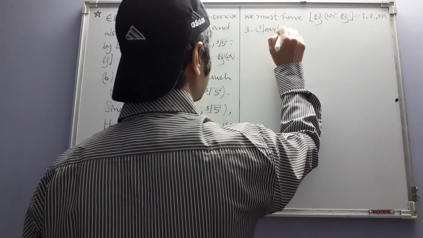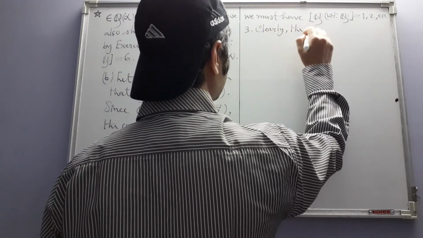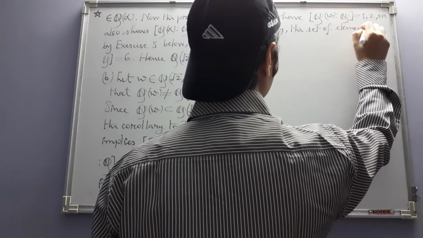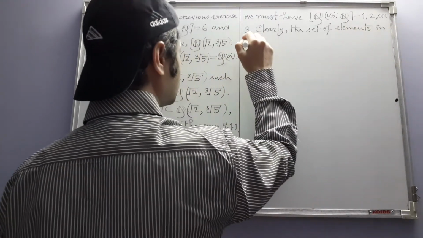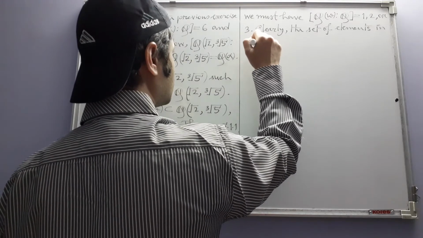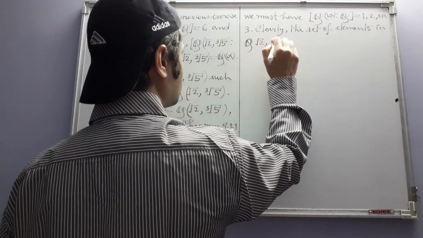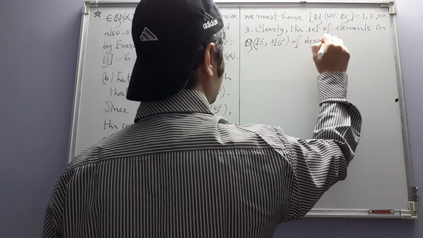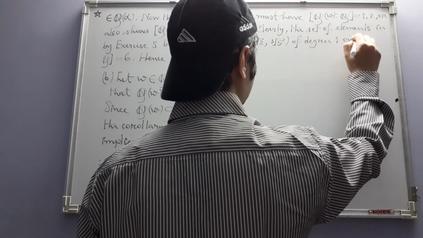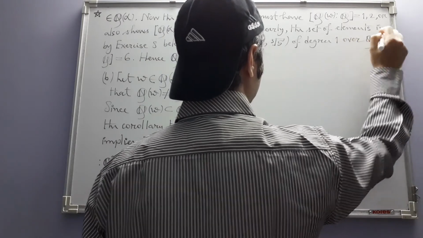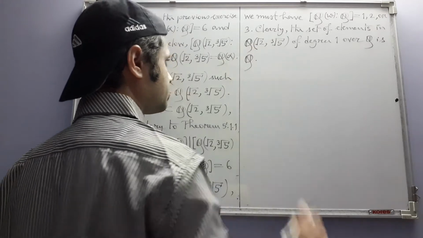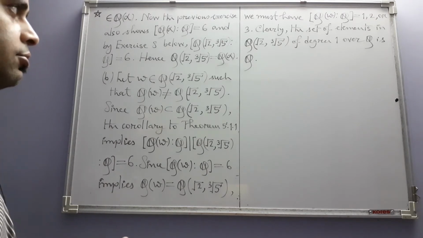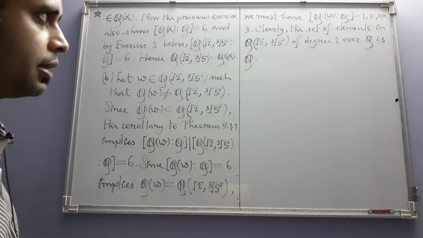Clearly, the set of elements in of degree 1 over Q is Q, which is almost obvious, but I leave to you to figure out that this is the case.